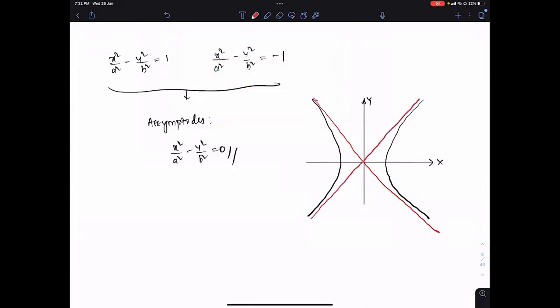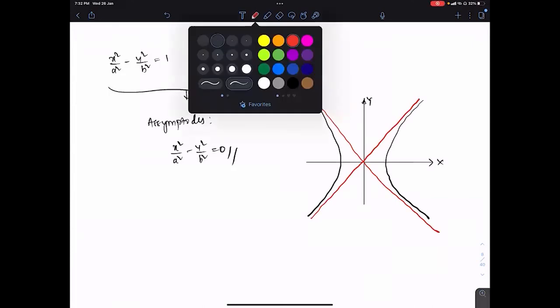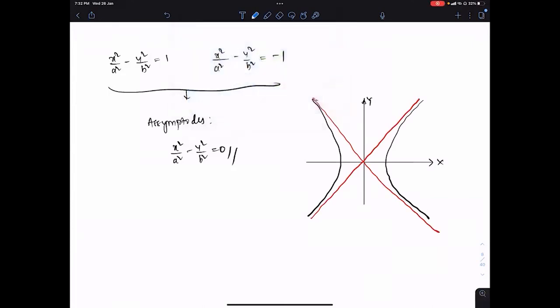So whether you have a hyperbola opening right and left, or up and down, the equation will be either like this or like this. Then just put the constant as 0, and you will get the asymptote equations.